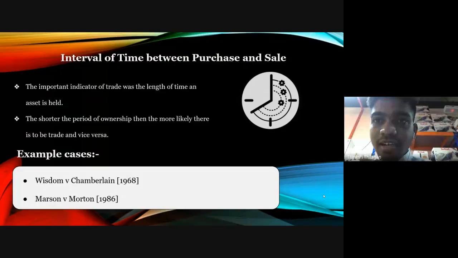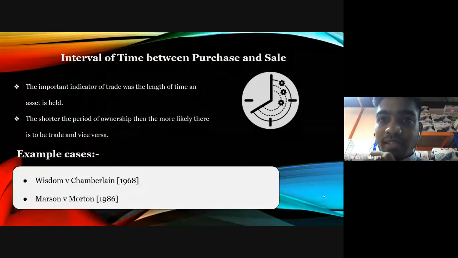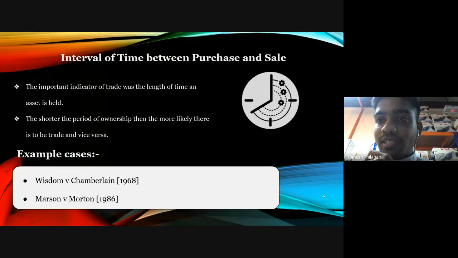So next, I will continue my part, which is the interval of time between purchase and sales. In this part, they talk about the important indicator of trade, which is the length of time the asset is held. So the shorter the period of ownership, the more likely there is to be trade, and vice versa.